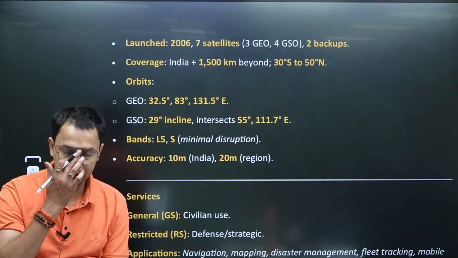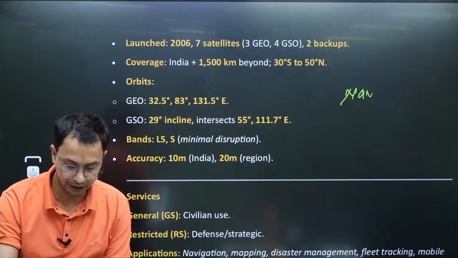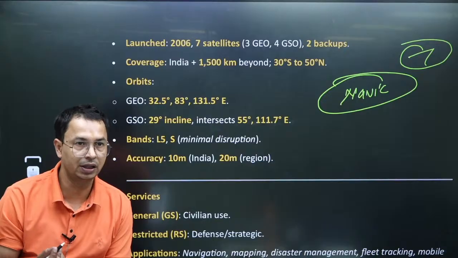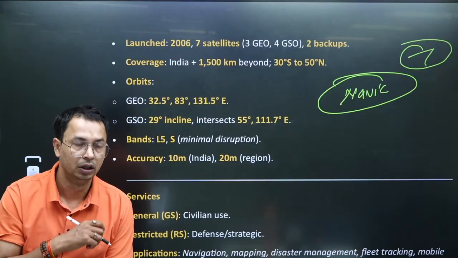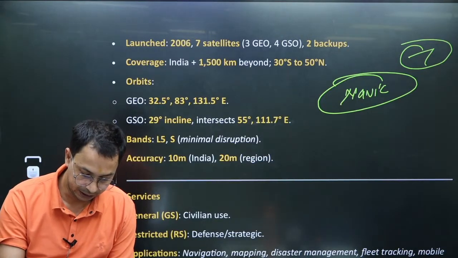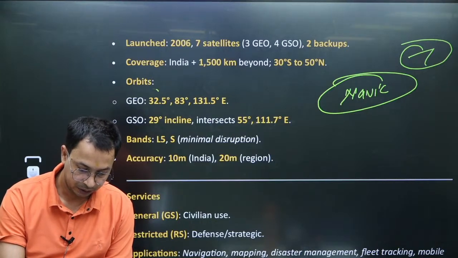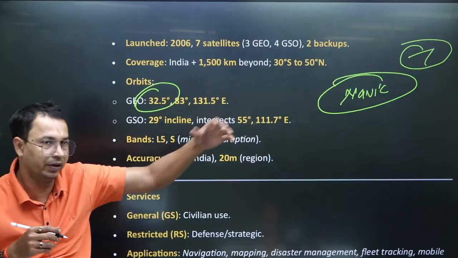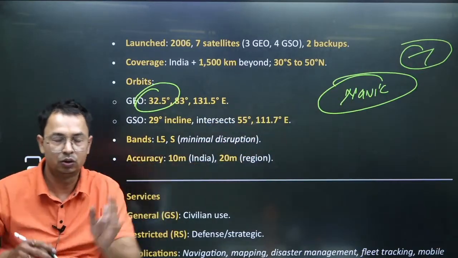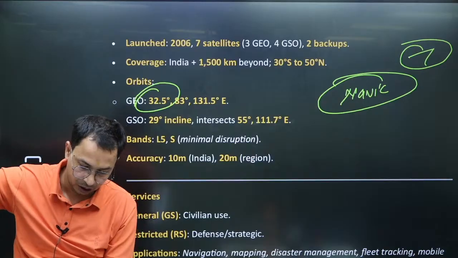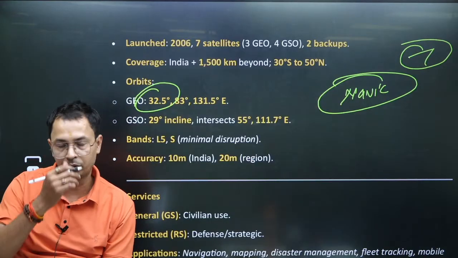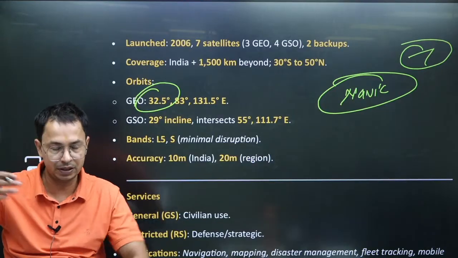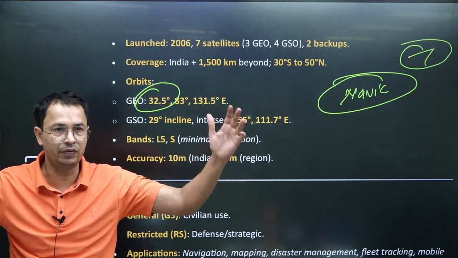And in NAVIC, we have 7 satellites, 3 satellites in the geostationary orbit and 4 satellites in the geosynchronous orbit. And in the geostationary orbit, we have satellites from 32.5 degree east, that is your East Africa, to the South China Sea, that is your 131.5 degree east. It means this covers the entire Indo-Pacific region.